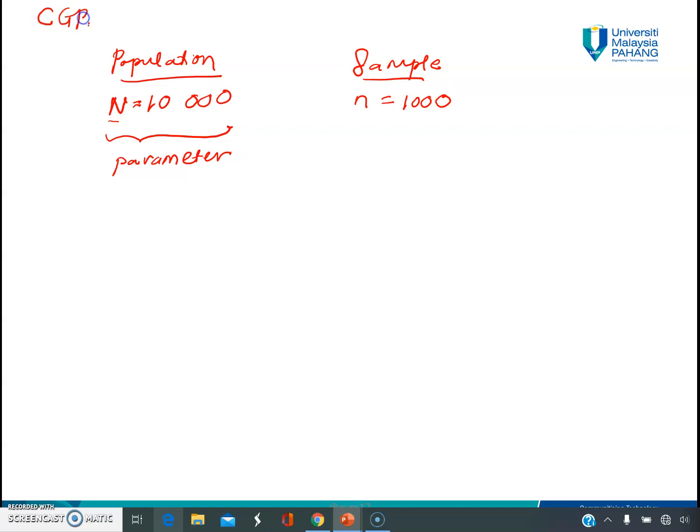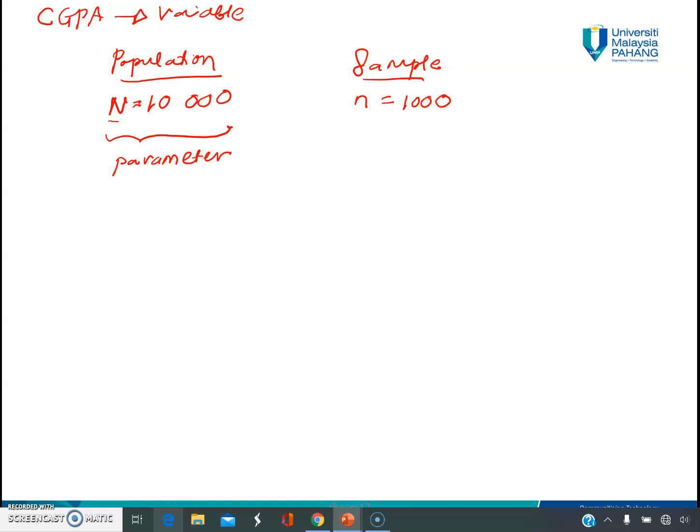So CGPA is my variable, what we are concerned about, or what you want to study. If you want to study UMP student height, then height is the variable. But in my example, I said I want to study UMP student CGPA, so CGPA is my variable. I am concerned about UMP student CGPA, so CGPA is the data that I want to collect.